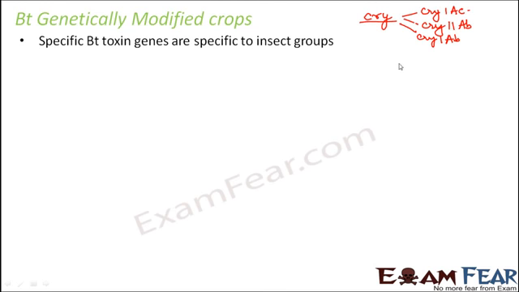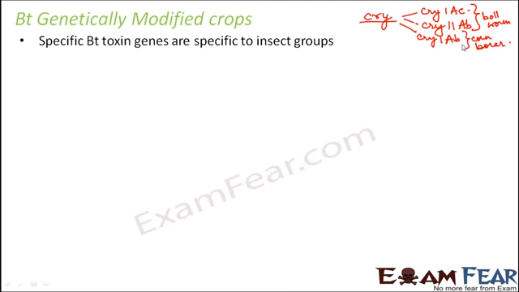For example, these two, cry1Ac and cry2Ab, are good insecticides against bollworm. Similarly, cry1Ab is a good insecticide against corn borer. So maybe this gene can be inserted into the corn plants because they are more easily attacked by the corn borer.